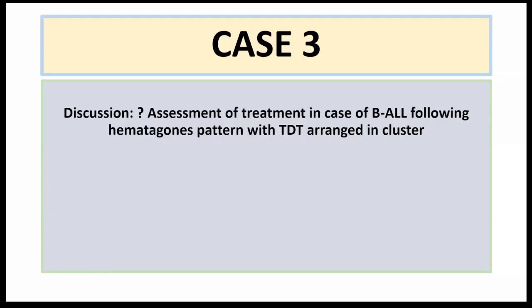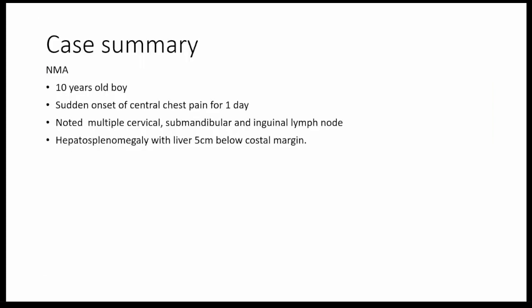So this is a case of a 10-year-old boy who presented with sudden onset of central chest pain and was noted to have multiple cervical, submandibular and inguinal lymph nodes. He also had hepatosplenomegaly, and this is his timeline, where the diagnosis was made in April last year.